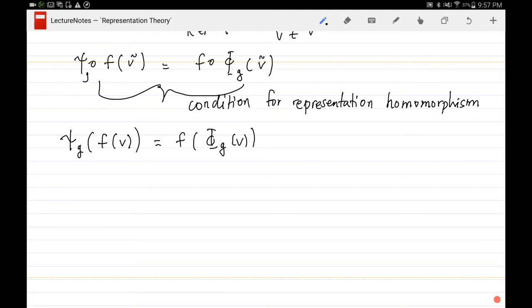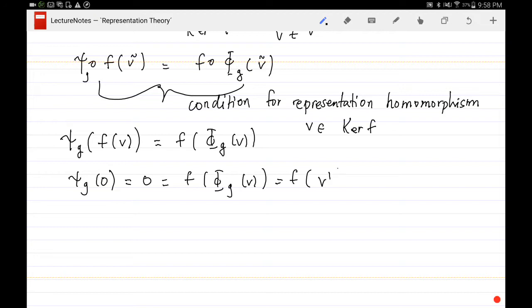Now, V is in the kernel of F. So V, I remind you, is in the kernel of F. So that means that psi of G acting on F of V is this, which is 0. And that should equal F of phi of G acting on V. Now, let's rename that to be V prime.